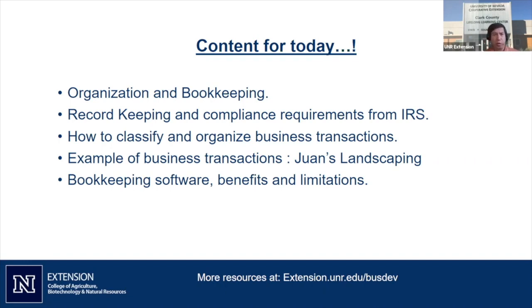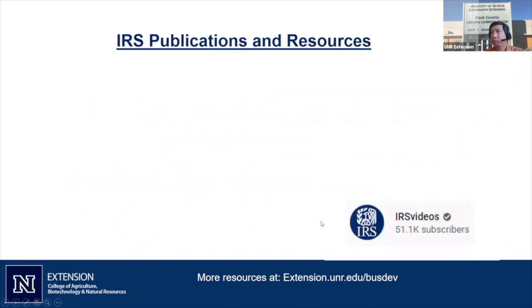We're gonna do a quick example about business transactions using the Juan's landscaping example. And at the end of the presentation, we're gonna cover bookkeeping software benefits and some of its limitations, and some tips on what you should be looking for when selecting a software.